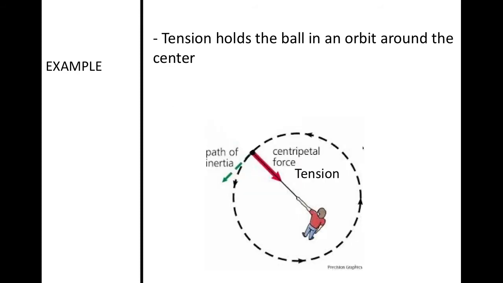Tension is another real force, and that one is denoted as either F sub t, you sometimes see F sub TENS or tense, or sometimes you might even just see the capital letter T for tension. And this is a force that holds the ball as it orbits around its center. Again, centripetal force is tension in this example.